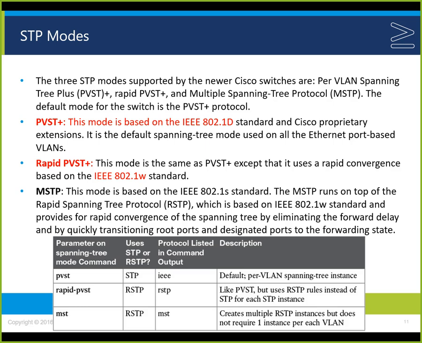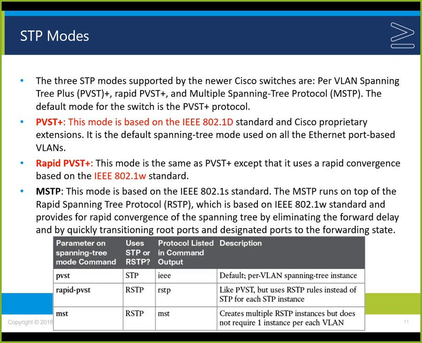Multiple is for when we have a whole bunch of VLANs, say a couple thousand VLANs, or let's say 300 or 400 VLANs. Instead of having one spanning tree instance for every VLAN, which would take an awful lot of calculation, what multiple does is group VLANs together. So VLAN 1 to 50 may be in multiple spanning tree group 1, and then 51 to 100 may be in another one, and on down the line.